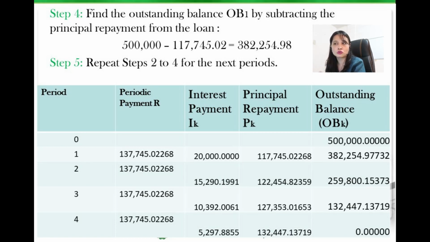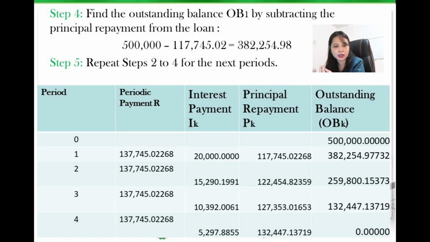Then repeat steps 2 to 4 for the next period. Again, first you need to write the period for the first column. Let's start with 0 as always, so 0 to 4. Then the periodic payment, your regular payment. To solve for the interest payment, outstanding balance multiplied by periodic rate. For the principal repayment, periodic payment minus your interest payment.